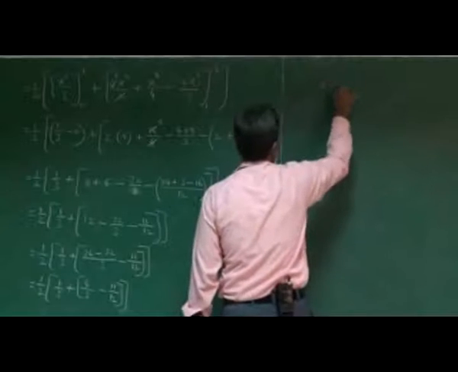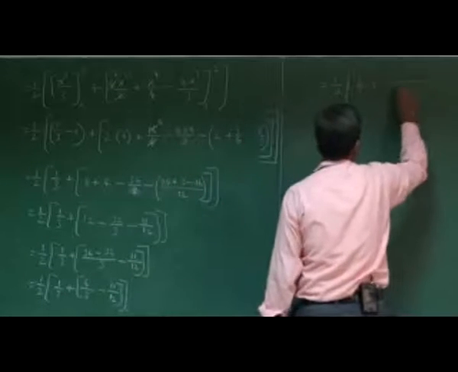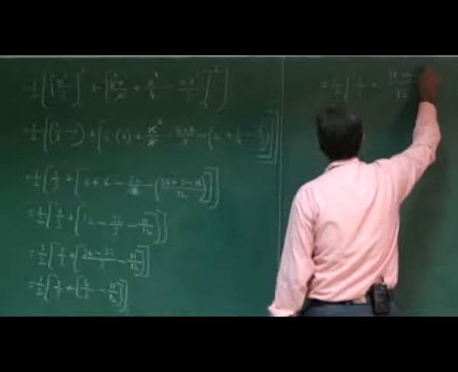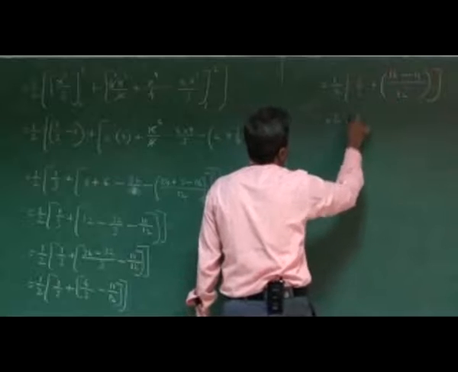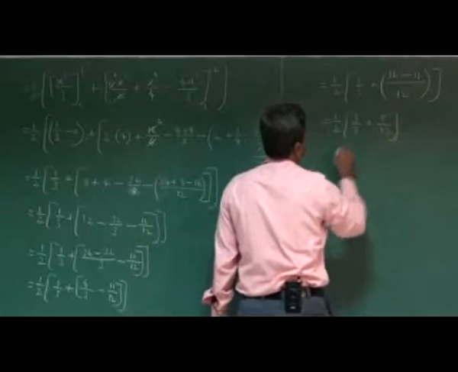So that is equal to 1/2 times 1/3 plus, here we take the LCM as 12, so 4 times 4 is 16 minus 11, that is 1/2 times 1/3 plus 5/12.